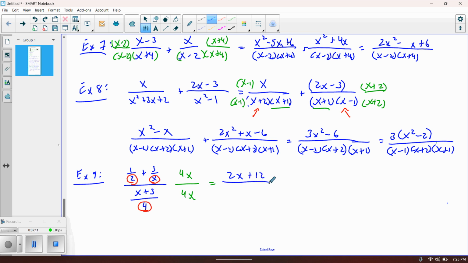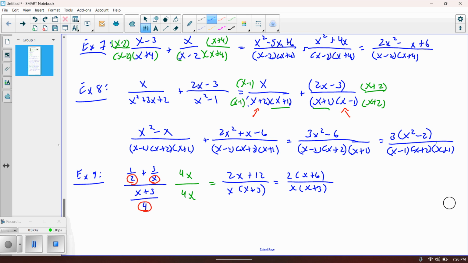And in the denominator, if you multiply the x plus 3 over 4 times 4x, the 4's are going to go away and you're going to be left with x times x plus 3. Now, the only other thing we can do is factor that numerator, where I can factor 2 out, and that'll leave me with x plus 6 over x times x plus 3. Nothing else is going to divide out or cancel out, so that is the most simplified.